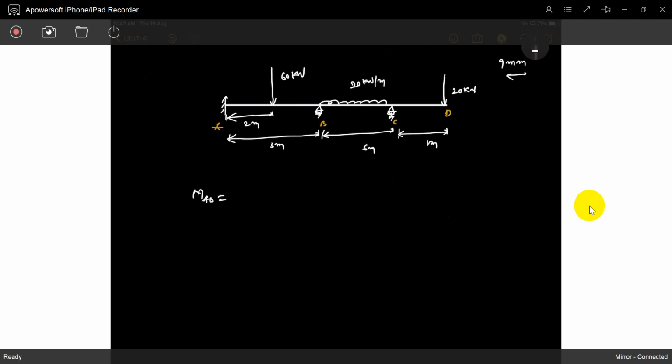MAB is minus 60 times 2 times 1 squared divided by 3 squared. What is that value? This value is minus 13.33.